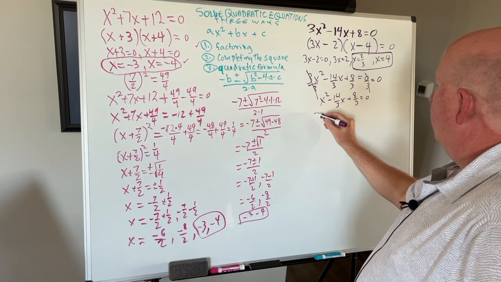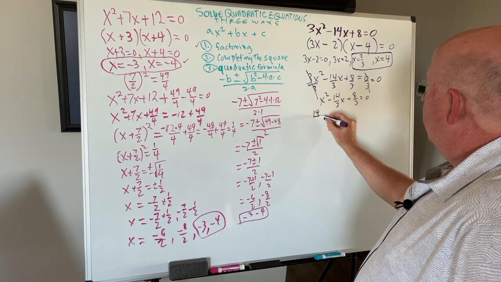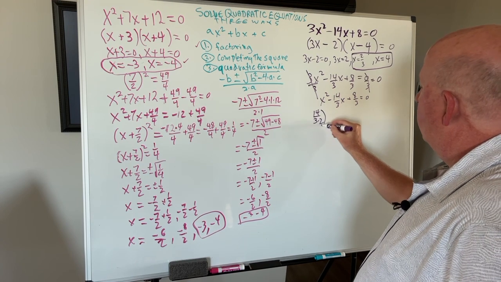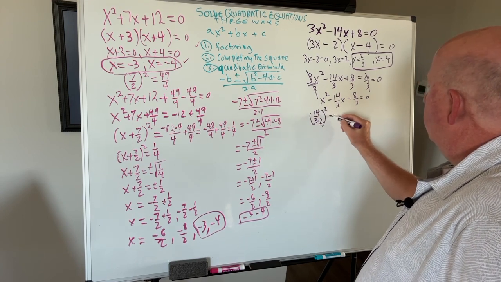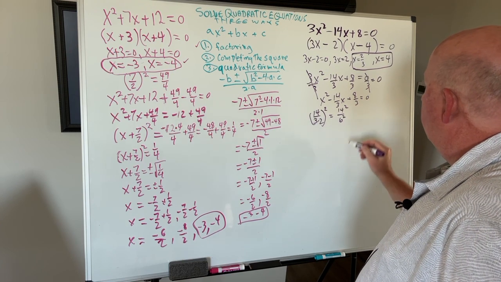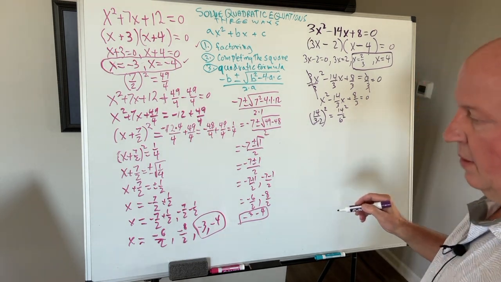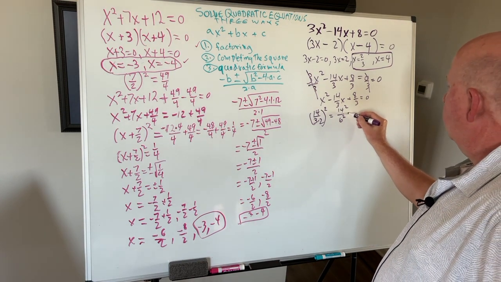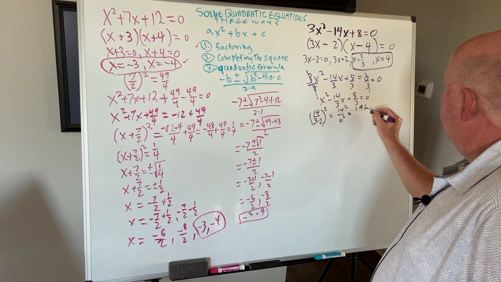And then I can take 14/3 divided by 2 and square it, which is 14 squared over 6 squared. And I don't have to do it now because I did it before, it is 196 over 36.